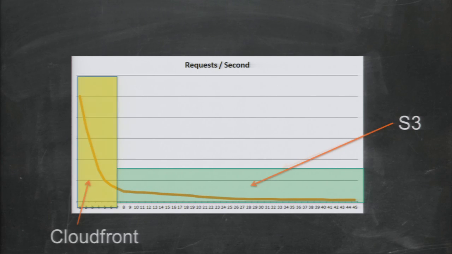But CloudFront is really good to use on this part of the curve, where you store your content in S3 and put CloudFront in front of it. So for the really popular objects and the very cacheable objects, this works out as a really good solution.